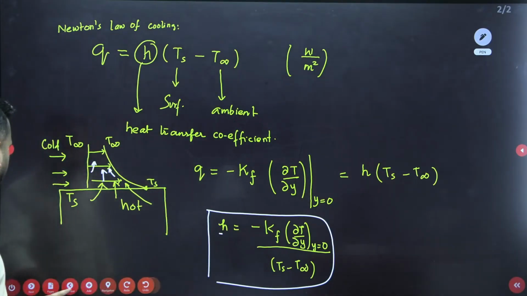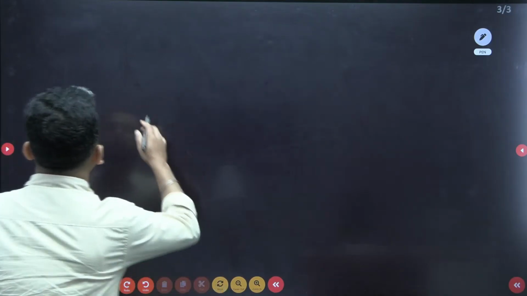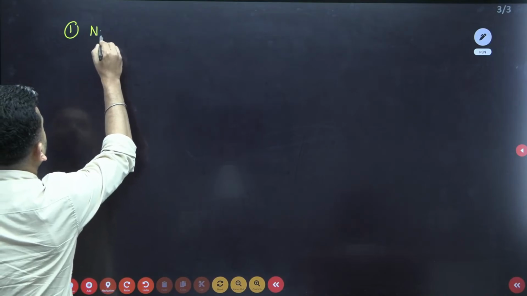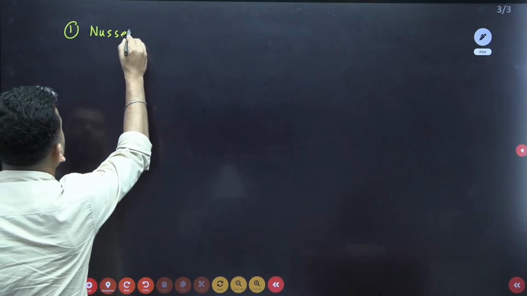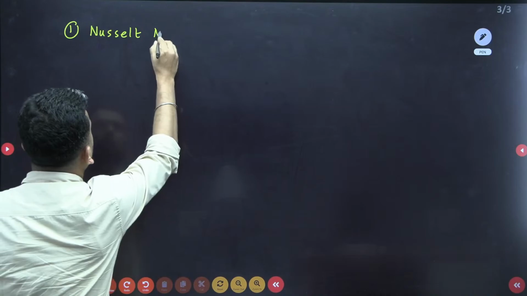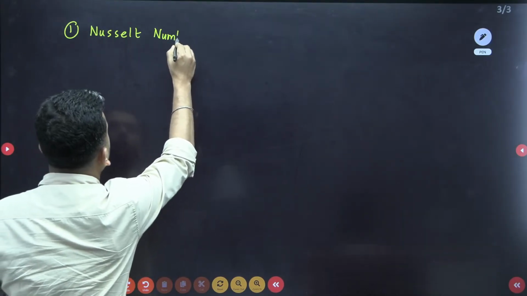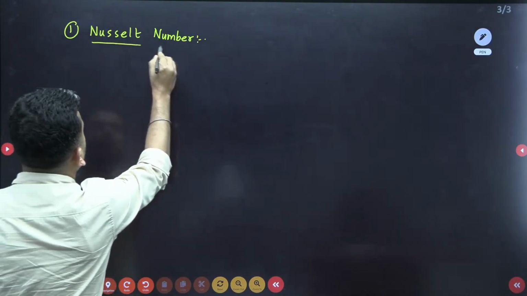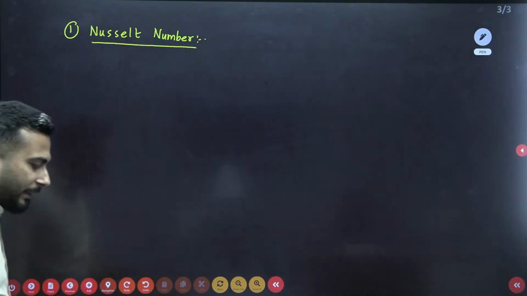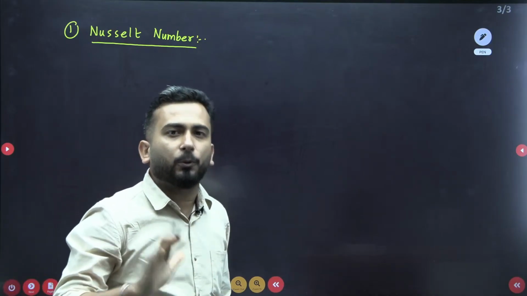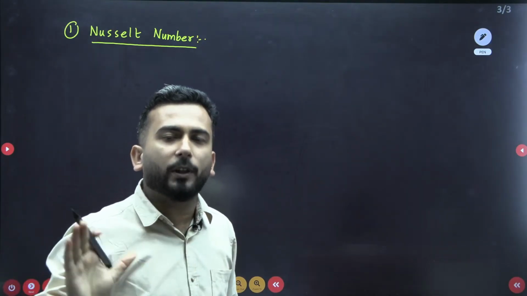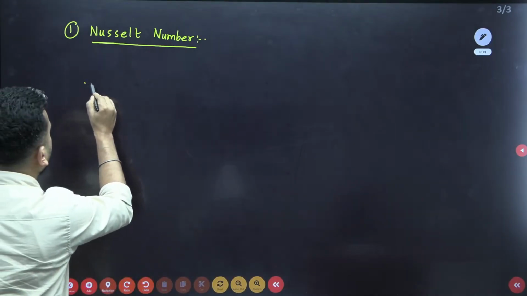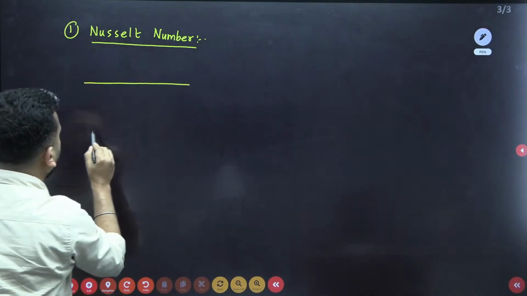So let us try and learn what the Nusselt number is, and this is the first important dimensionless number that we are studying right now. Know that we are talking with respect to the fluid. Right now I am not going into the surface, I am only interested in knowing about the fluid. So let us say this is a fluid layer that is there.